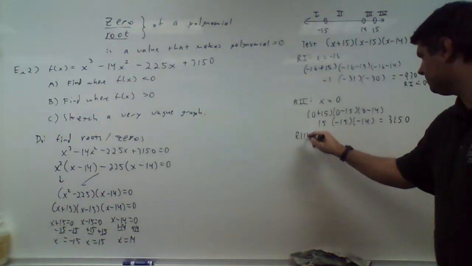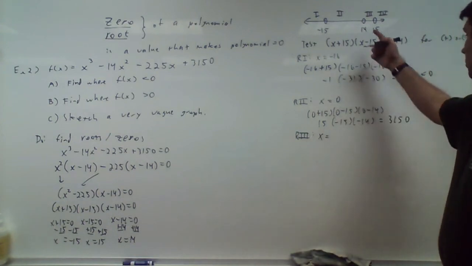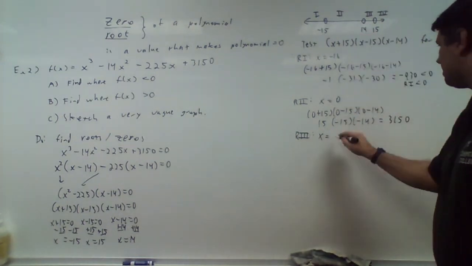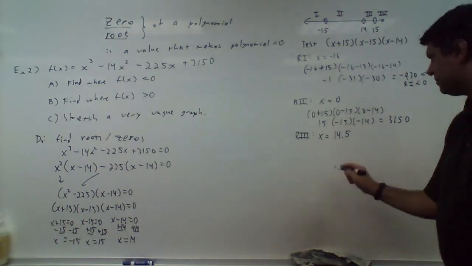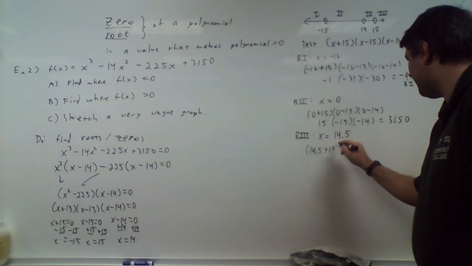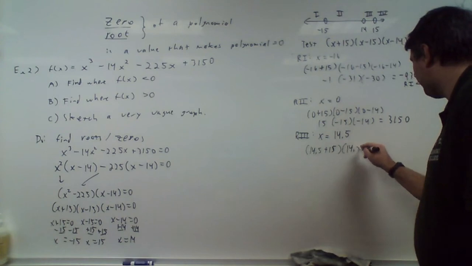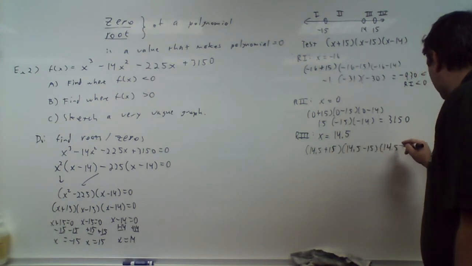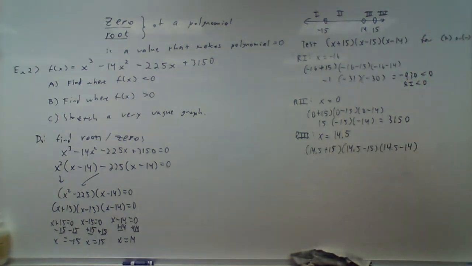Region 3. X equals, well, we need something between 14 and 15. Well, there's no integer value, so I will use 14.5. Okay, halfway in between. So I want to know if 14.5 plus 15, 14.5 minus 15, and 14.5 minus 14 is positive or negative.